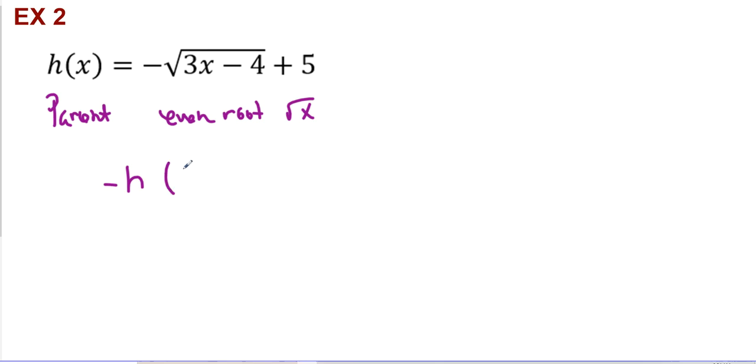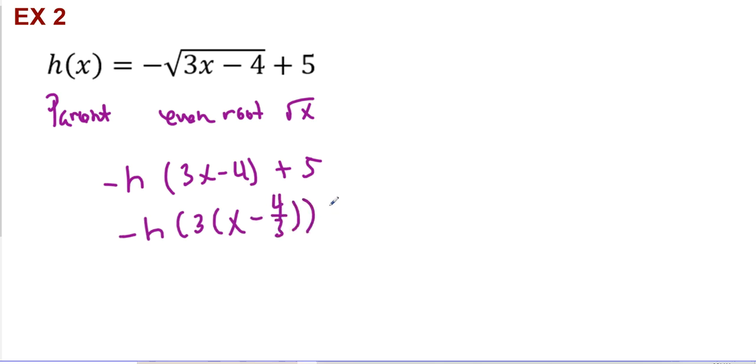And I'm going to have 3x minus 4 and plus 5. All right. Now we see the problem right here. X does not have a leading coefficient of 1, so I'm going to have to factor that out. So here we go. Out comes the 3, and I have the x. There's my leading coefficient of 1. But this turns this into a 4/3. Okay? So this is going to be my final product that I'm looking for from a generic standpoint.